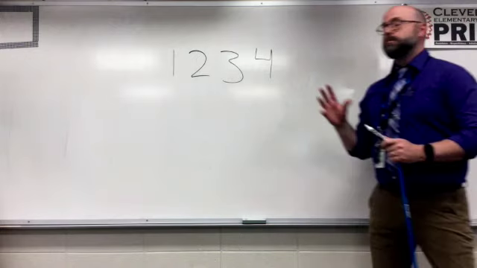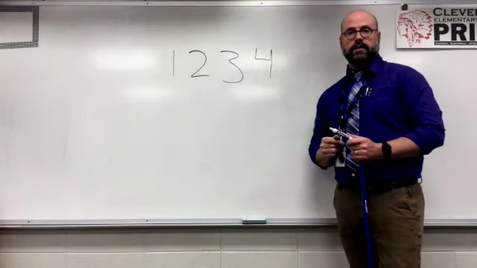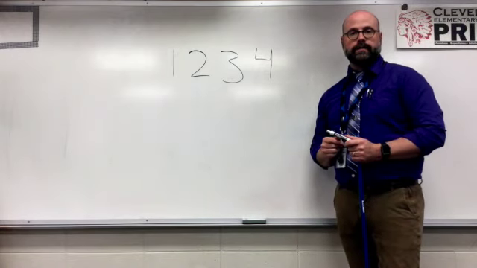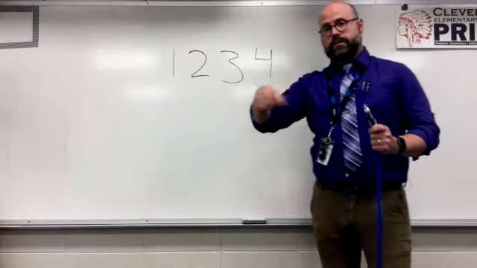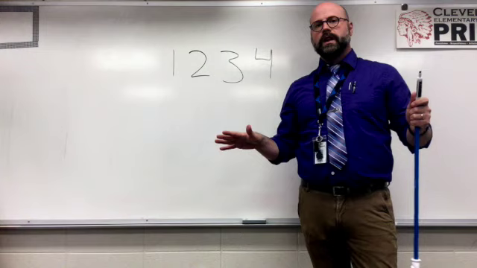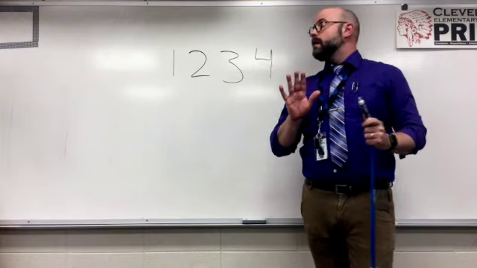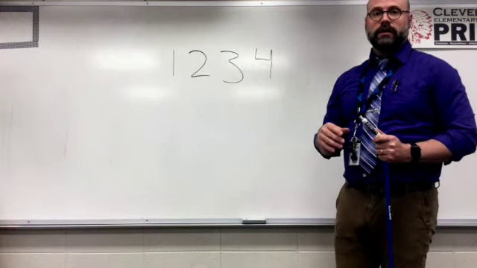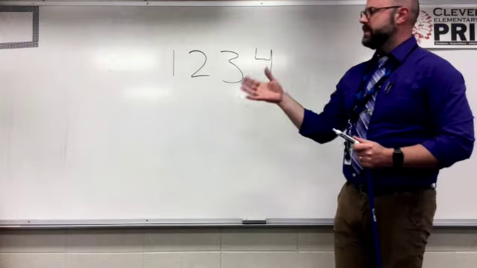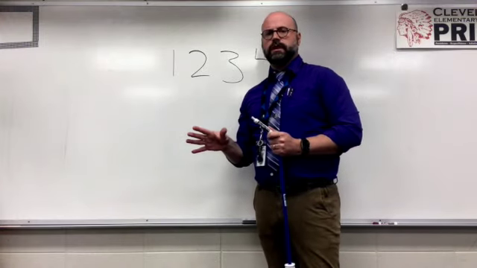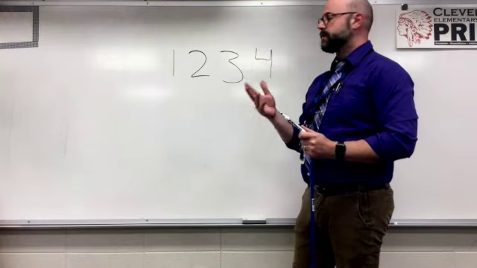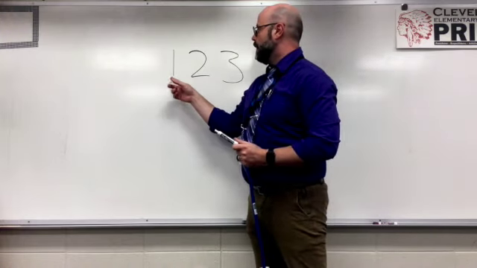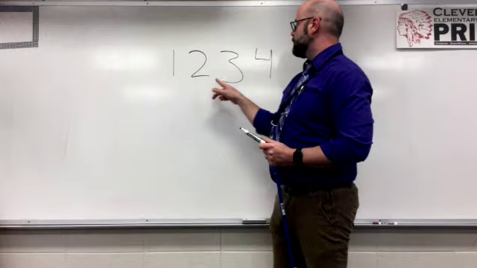Where does my comma go in this number? Well, let's back up. How do I say this number? Do I say 1, 2, 3, 4? If this is an actual standard form number written, you would say 1,234.